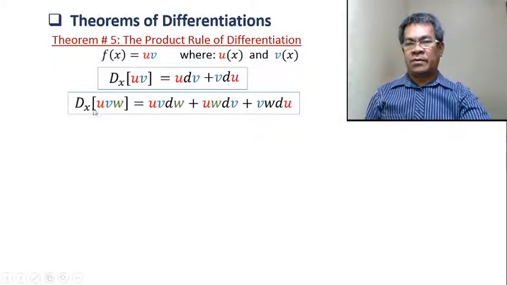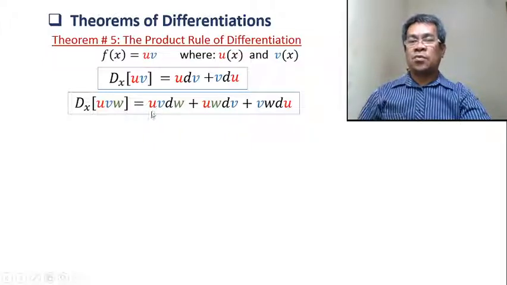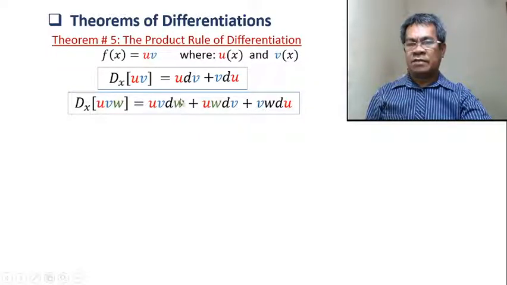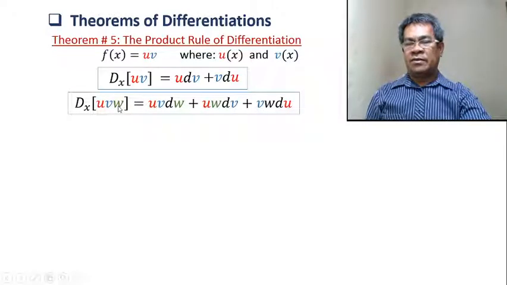So for example, suppose you are asked to find the derivative of u, v, w. All of them are functions of x. Then all you need to do is differentiate one at a time. If you decide to differentiate w, then we have dw, then copy the 2 factors. Then in the next term, since you're already done with w, you have to decide whether to choose u or v.